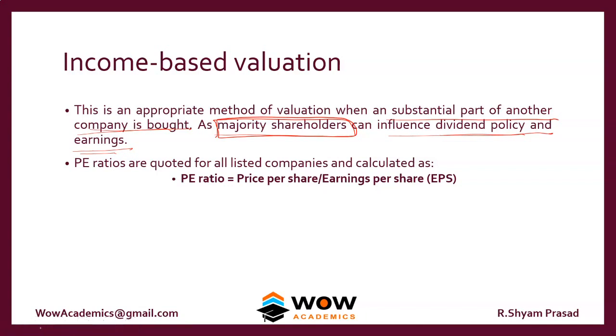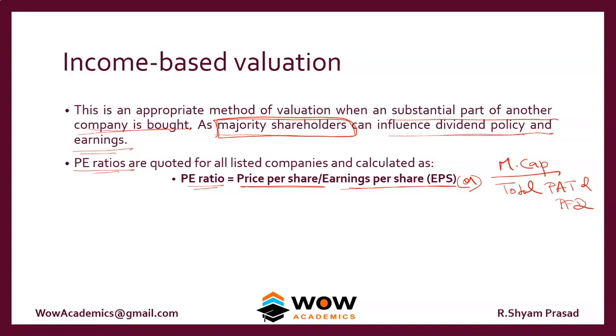So we will use this method. It's called the PE ratio method. So the PE ratio method works like this. PE refers to the current market price of a share, or the price of a share divided by earnings per share. Or we can also use this formula: the market capitalization of a company divided by total profit after tax and preference dividend.